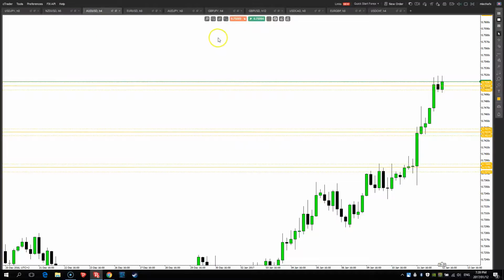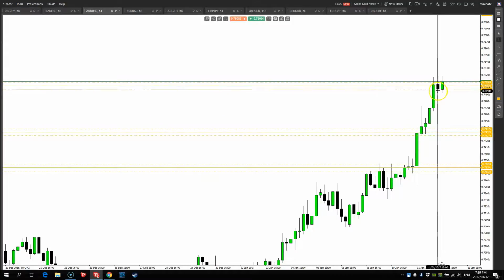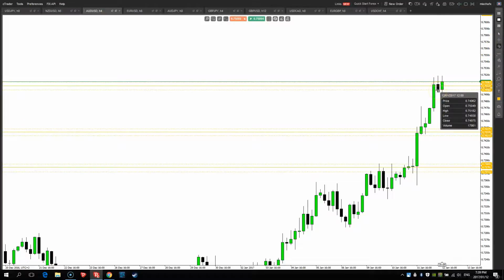Okay, so let's actually look at this in terms of numbers. The low of this candle is at 0.7494, so I would enter at 0.7490. That is great. The high is at 0.7518 roundabout, so my stop loss would be at, sorry, no, just maths, 23 roundabouts.